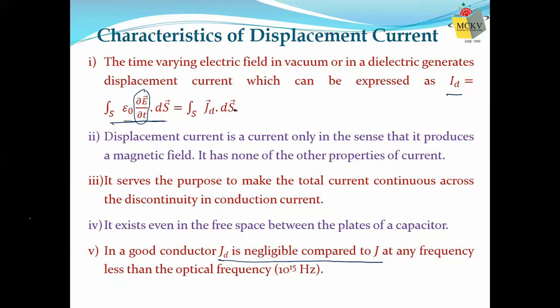That means instead of a good conductor, use an insulator, use a dielectric material, use free space. Then only you'll observe this epsilon naught del E/del t. Otherwise, if conventional current is present, if normal current flow is present, then this epsilon naught del E/del t is so small that it cannot be detected.